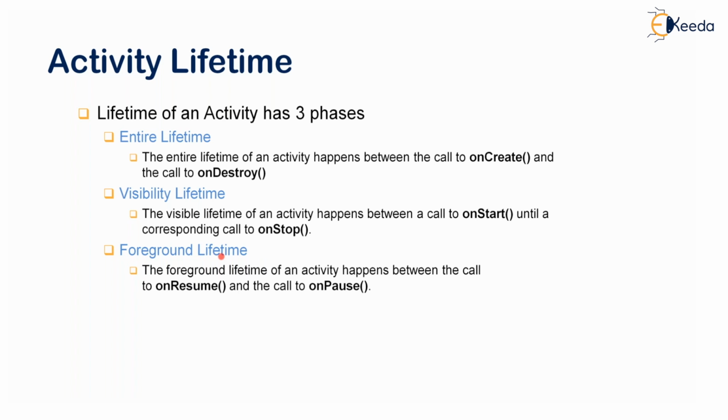It happens between onResume and onPause. It will go forth and back, pause again, resume again, vice versa. So this is all about your activity callback methods, lifetime phases and states.